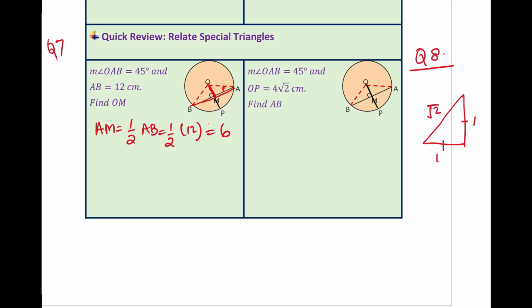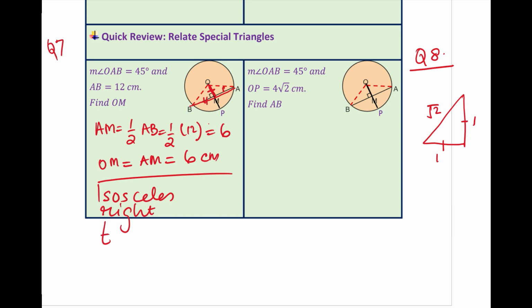So the two sides should be equal, right? So O to M should be equal to A to M and both should be 6 centimeters in this particular case, since we have an isosceles right triangle. Is that clear to you?